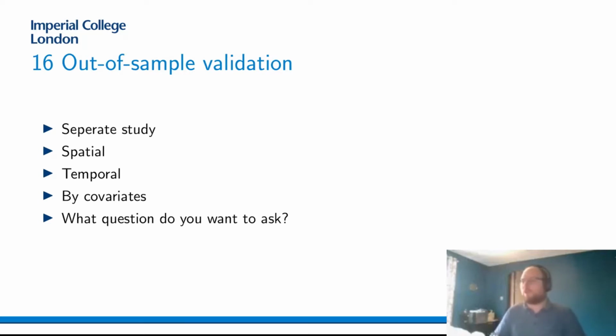There are ways to try and adjust our estimates of how good our models are by using different techniques. So instead of splitting the data into 5 or into 2, if we've got, say, 2 separate cohort studies, a really good thing to do is train your models on one cohort study and then test them on the other, and then do the other way around as well.